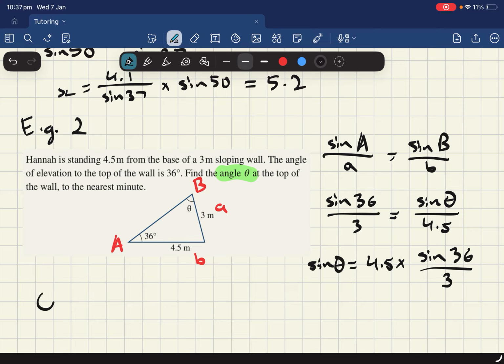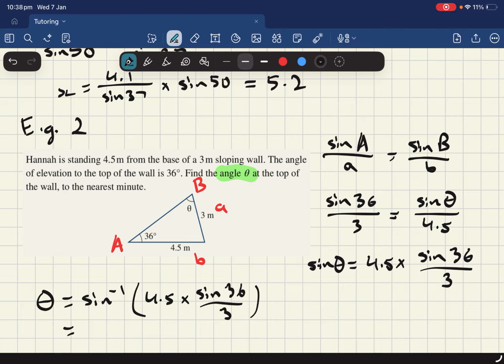Now, to find theta, I want to use my inverse sine, because anytime I'm trying to find an angle, I have to do my inverse trig ratio. So to find theta, I have inverse sine of 4.5 multiplied by sine 36 over 3.